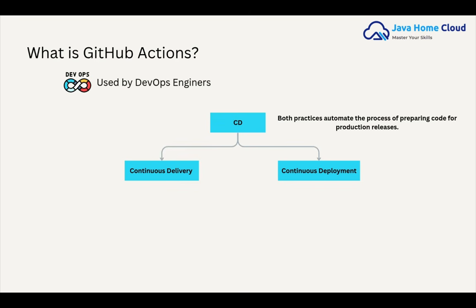Both practices automate the process of preparing code for production releases, but they differ in one key aspect. Continuous delivery includes a manual approval step, whereas continuous deployment releases changes automatically without manual intervention.